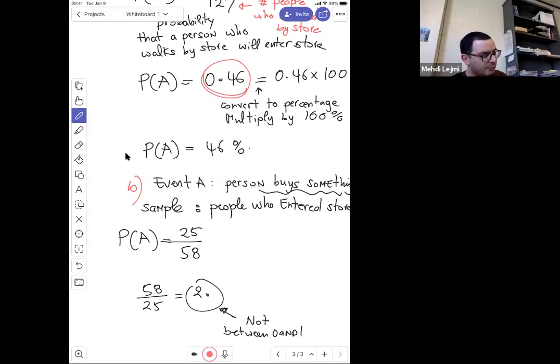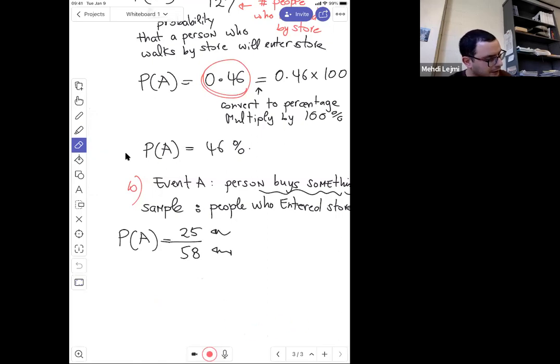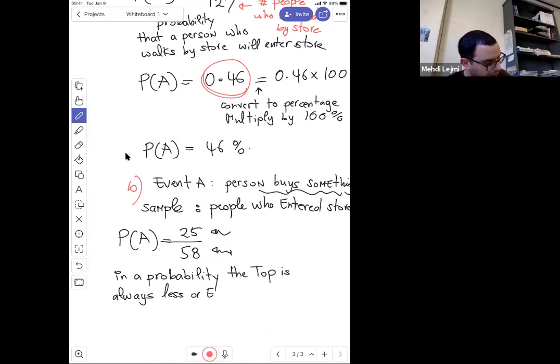So in general, guys, in a probability, the number on the top is always less than or equal to the number on the bottom. You can just take it as a rule.